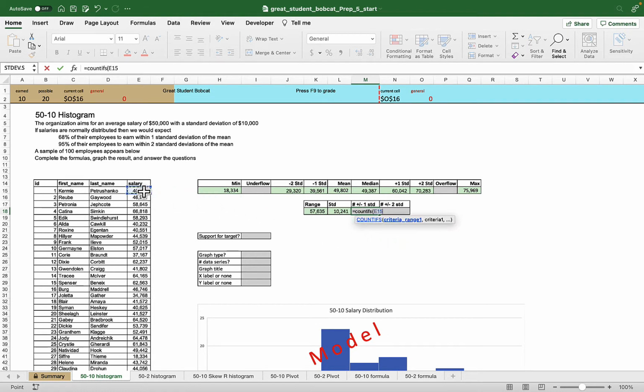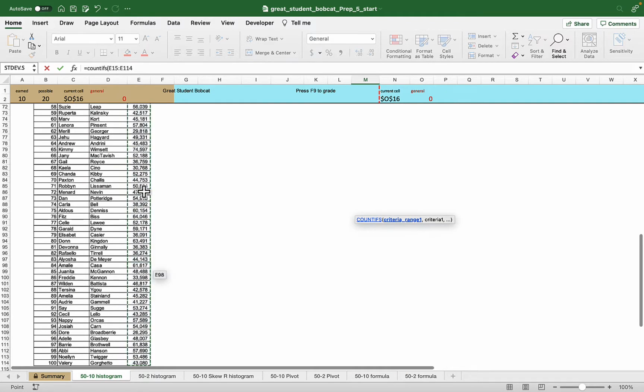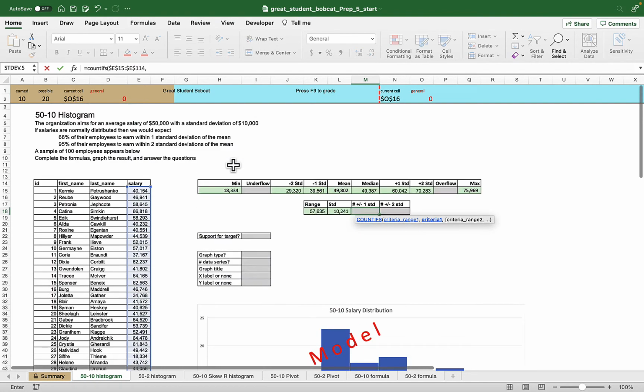The criteria range is this range here. It's a range, so we lock it. And then the criteria is that we need to be greater than that one because that's the lower bound.